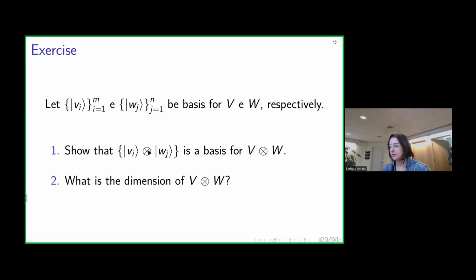So as you're going to see here, if I have M vectors here and N vectors here, in this set, I will have M times N vectors. So the dimension of this will be the product of the individual dimensions of V and W when we are dealing with finite dimensional vector spaces. Okay?